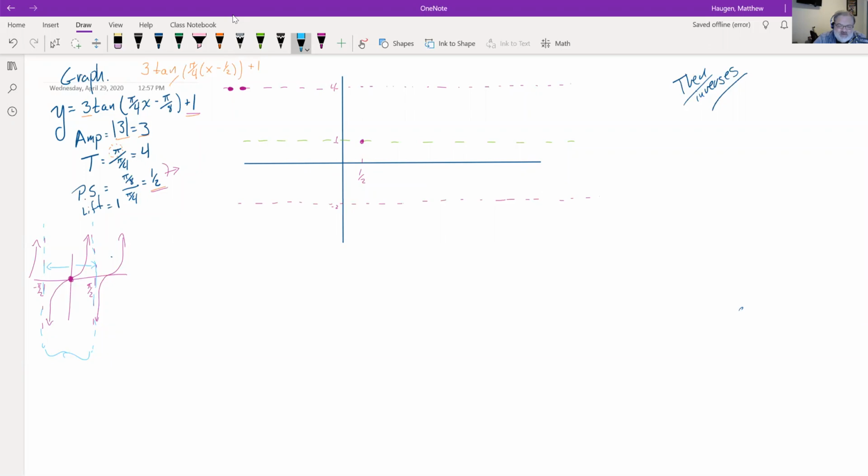Because again, remember this middle point here is halfway between those asymptotes. So I essentially want to split that 4 in half and go out, see, if that's a 1, go out 1, 2 in both directions. So we're going to have an asymptote there at 2.5 and an asymptote there at negative 1.5.